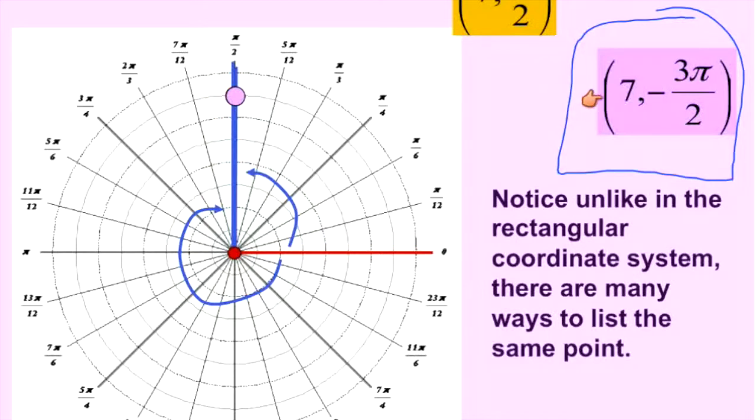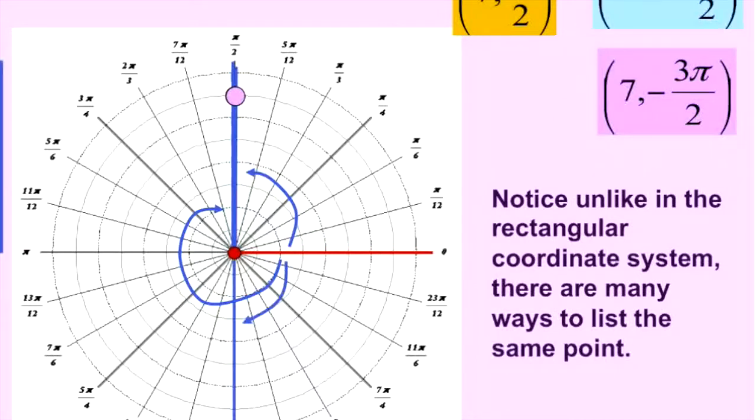Everybody okay with why that one works? So this is what we were talking about a moment ago. Unlike a rectangular coordinate system, there's many ways to list the same point. So it's kind of cool. I'm going to show you another way. This is actually the one you guys just gave me, the negative pi halves and then a negative 7. That also gets us there.